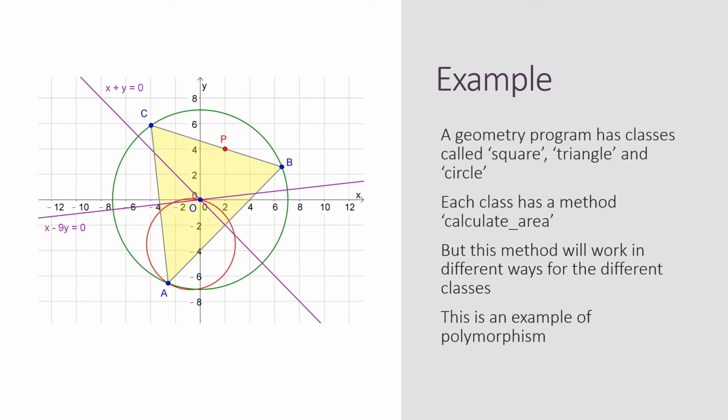But this method will work in different ways for the different classes. So the area of a circle is calculated in a different way from the area of a triangle, as you will know. This is an example of polymorphism. I might use the same method name, calculate area, but I can be confident that I won't accidentally use the wrong method with my objects because the methods are tied to the class definitions.